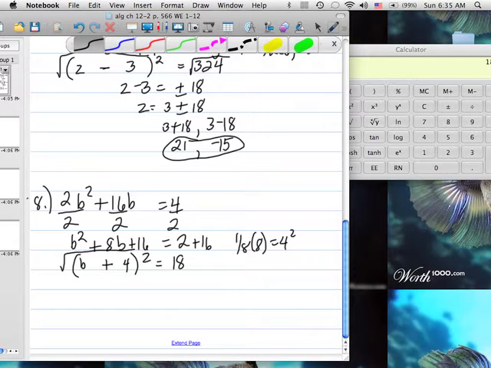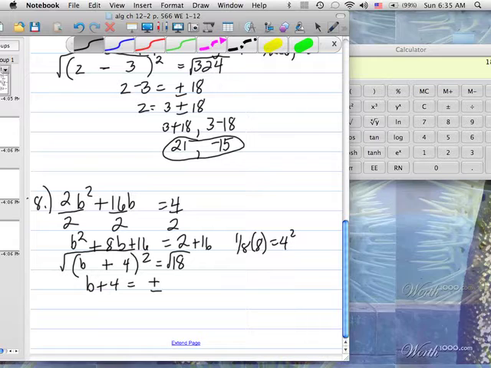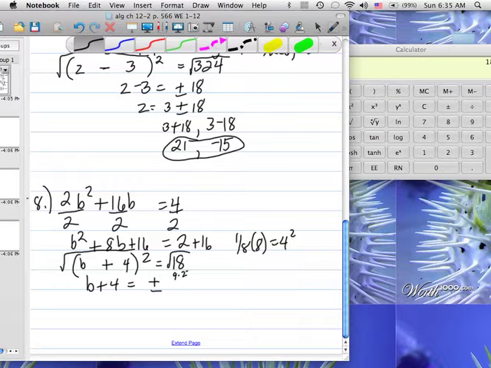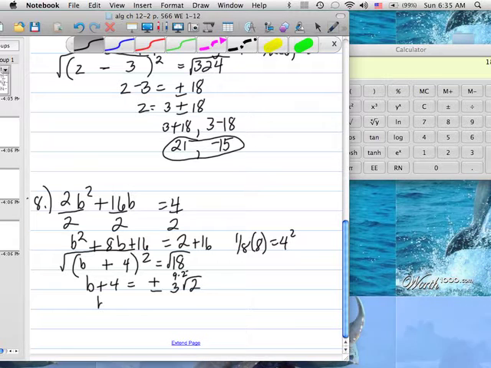Now I can take the square root of both sides, and I get b plus 4 equals plus or minus, and we'll simplify this. This is 9 times 2, so I can take the square root of 9, which is 3, and I still have the 2 underneath, so it's plus or minus 3 radical 2.